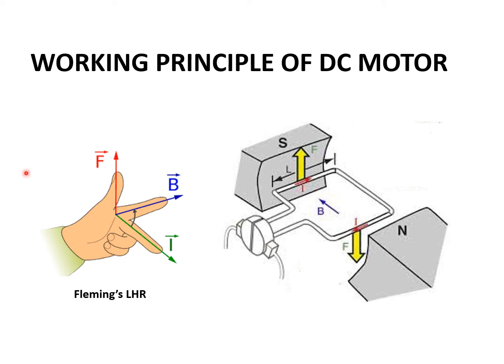Then according to Fleming's left-hand rule, the thumb indicates the direction of thrust. So this is upward. In this way the conductor can move due to the thrust in the upward direction.